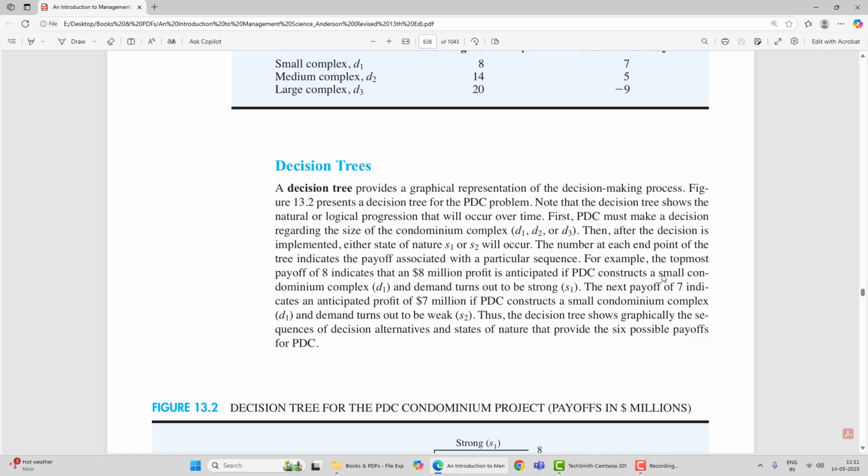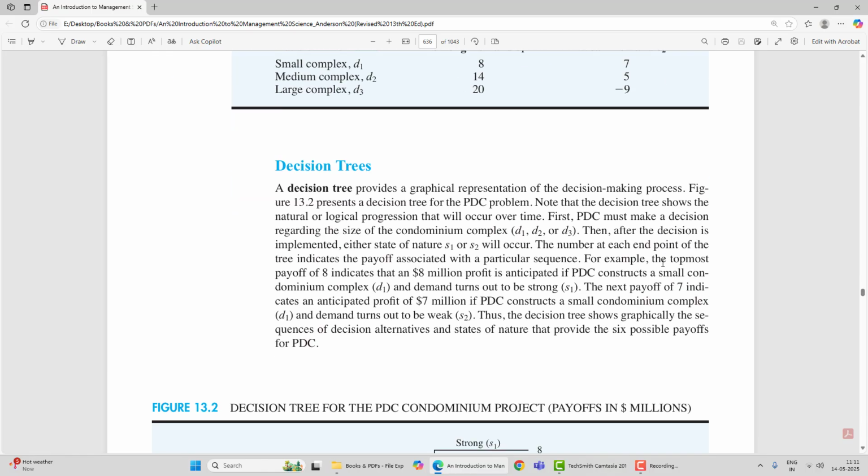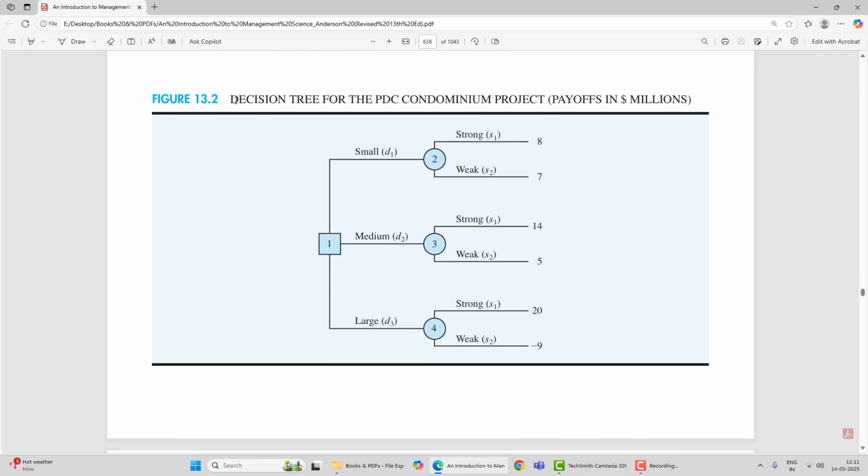Now first let us look at the decision tree, how we are going to represent this. This is how we draw the decision tree before we start solving the problem. The decision is always shown as a square. So this is where we are making decisions, and we have three options: small, medium and large.